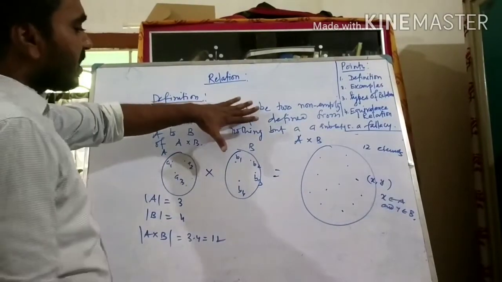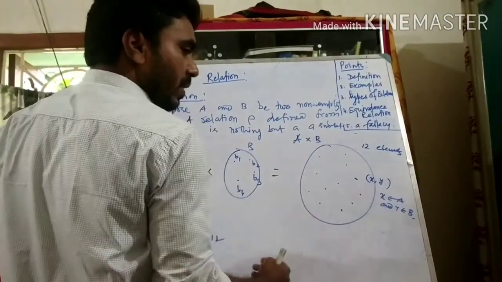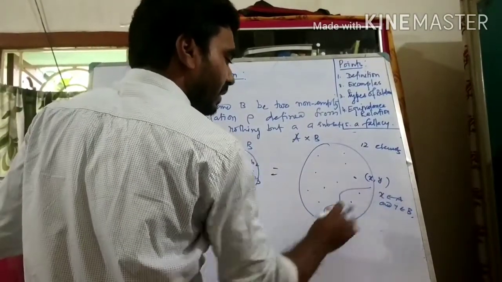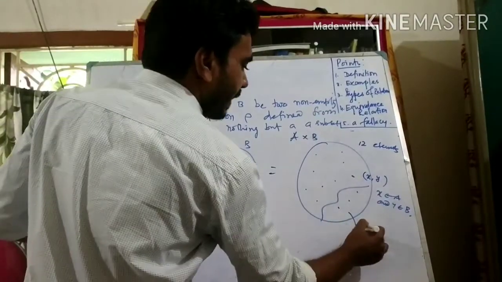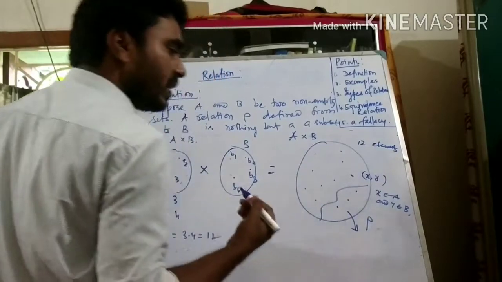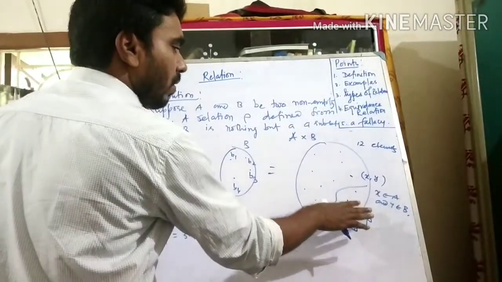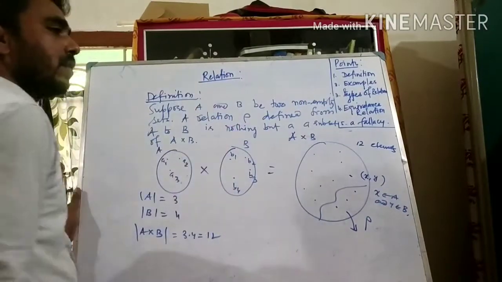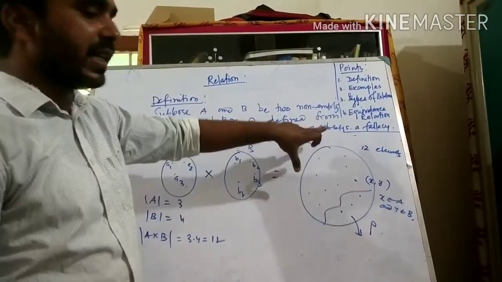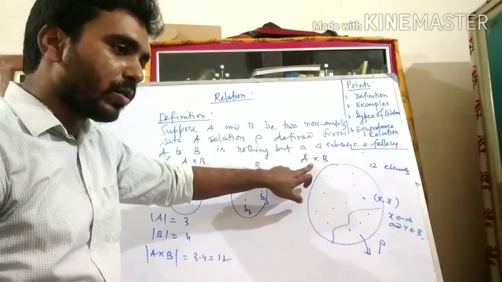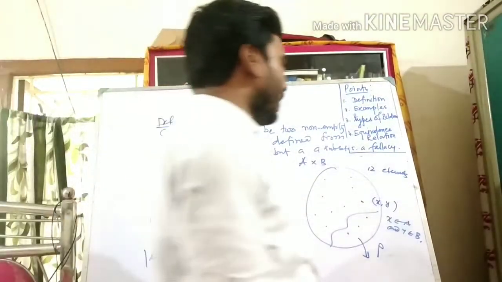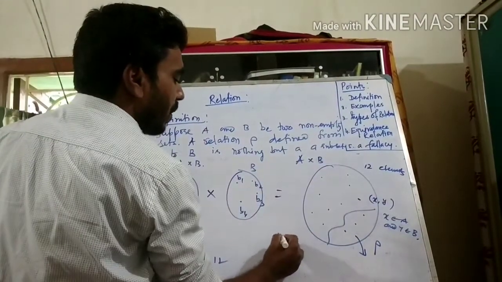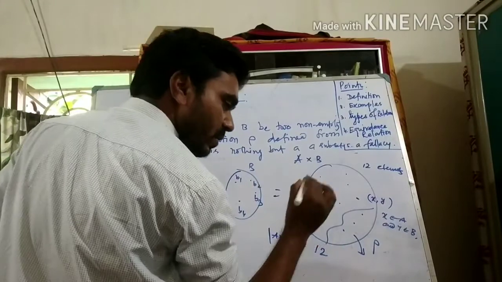Then the definition says that you take any subset of this set. For example, if I take this set as a subset of A cross B, then this is a relation defined from A to B. So any subset of the set A cross B will be a relation from A to B. This is the mathematical definition of a relation. Now, already we know that the number of elements of A cross B is 12.